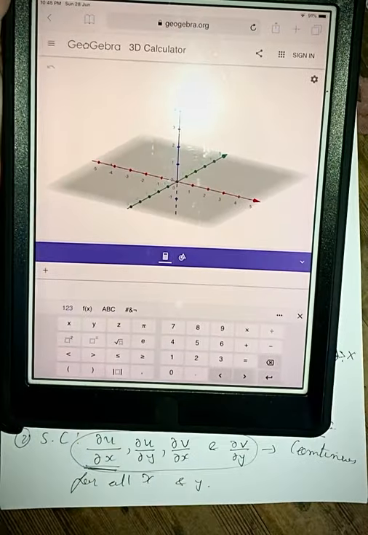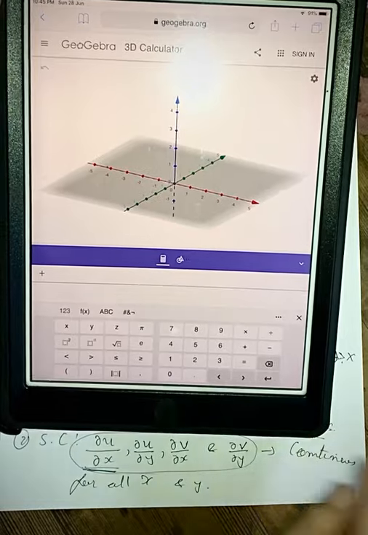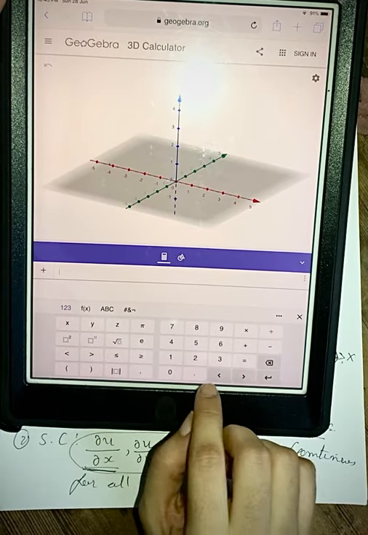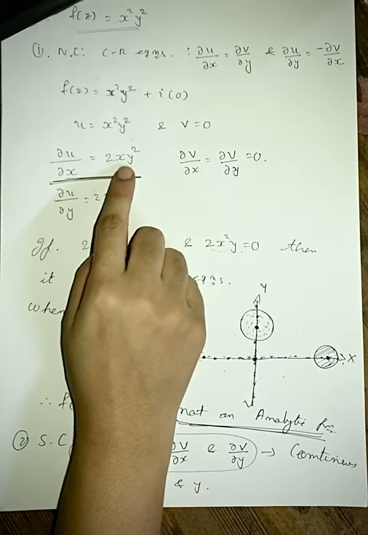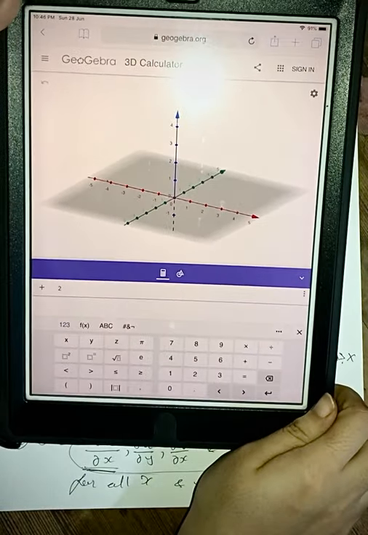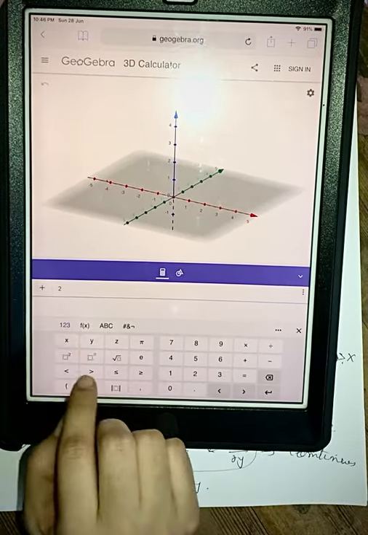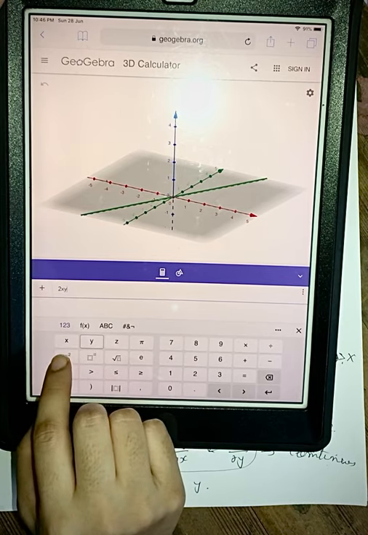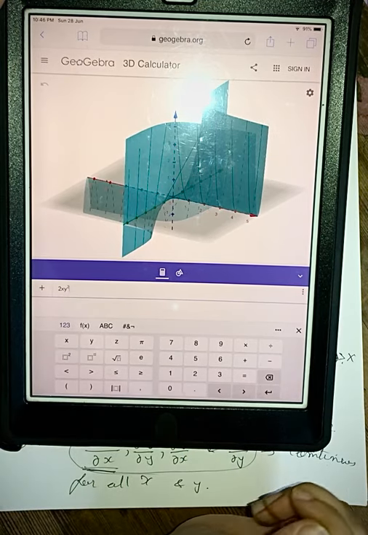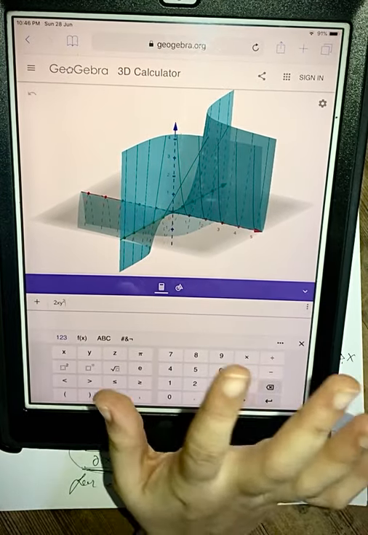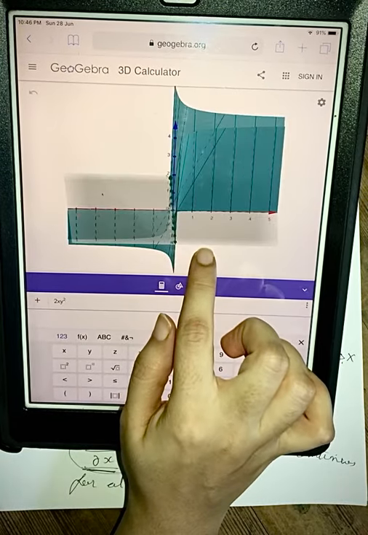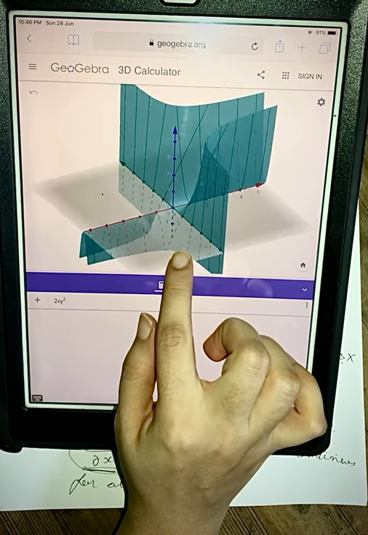So I check for 2 times x into y square, and it looks like this. Now let us rotate and try to understand.